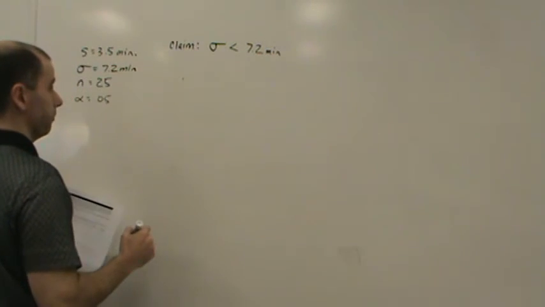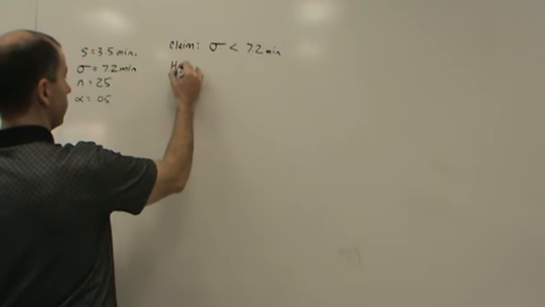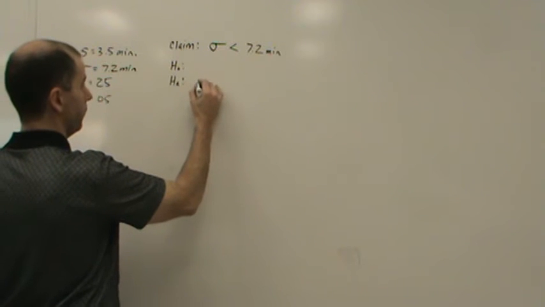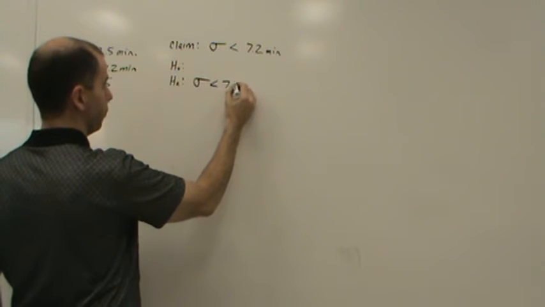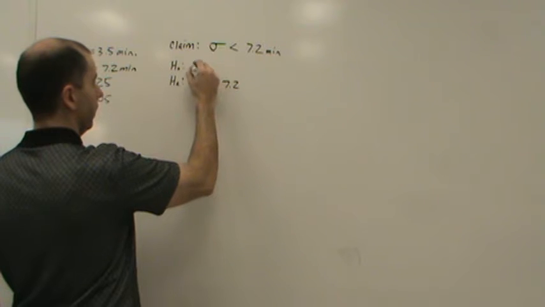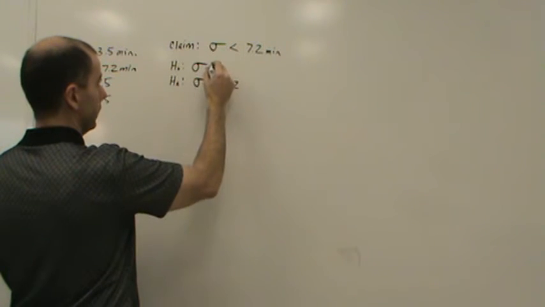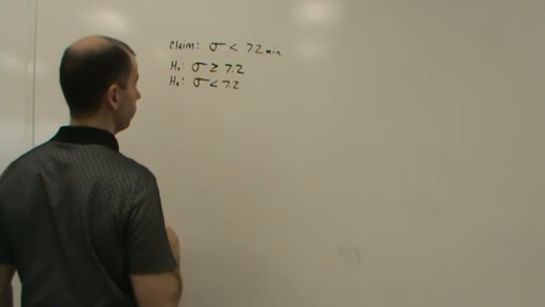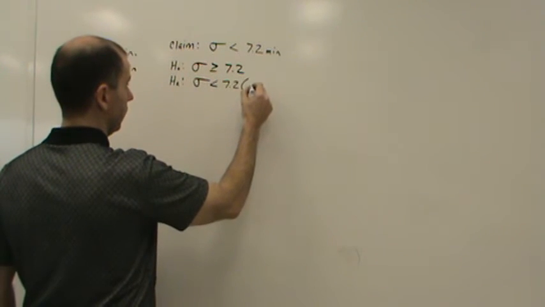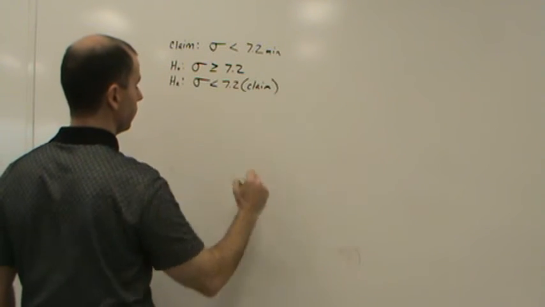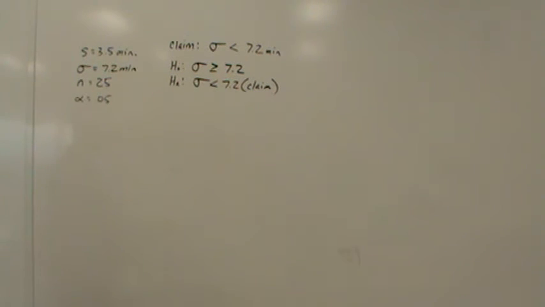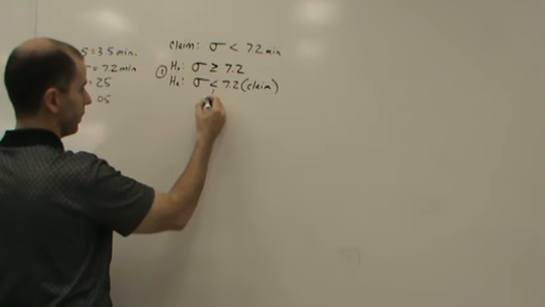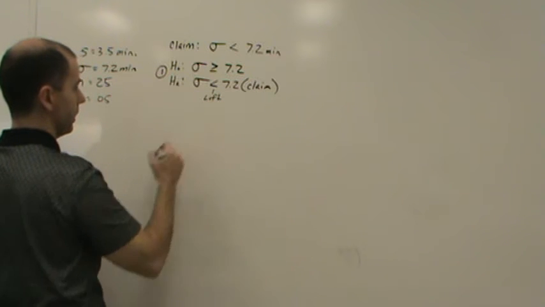So that's the claim. That means the alternative is sigma is less than 7.2, and the null is sigma is greater than or equal to 7.2. And the claim is the alternative. So what do we do now? Well, this is step one. And the test is going to be a left tail test.